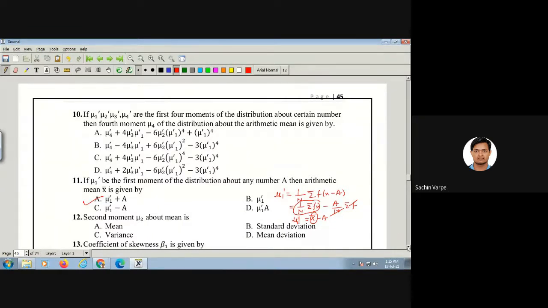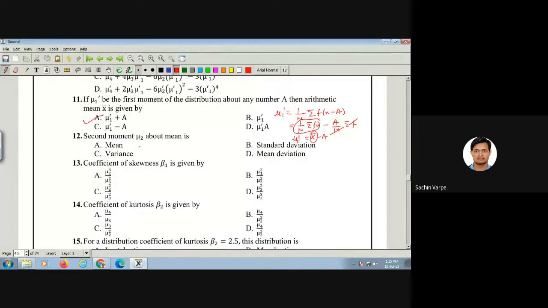The second moment mu2 about the mean is always what? What is mu2? Sigma square, isn't it? What is the formula of mu2?